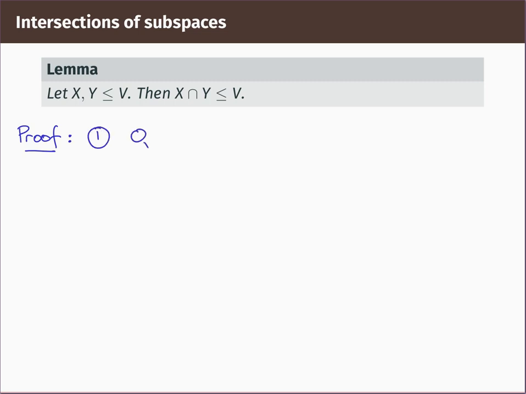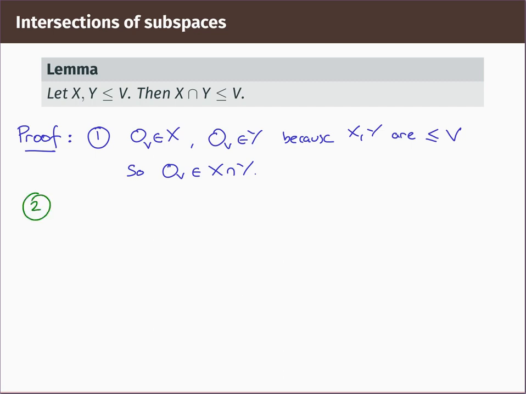Well, the 0 vector is in X because X is a subspace. The 0 vector is in Y because Y is a subspace. So the 0 vector belongs to both X and Y. We've proved that the intersection passes the first part of the subspace test because it's got the 0 vector.